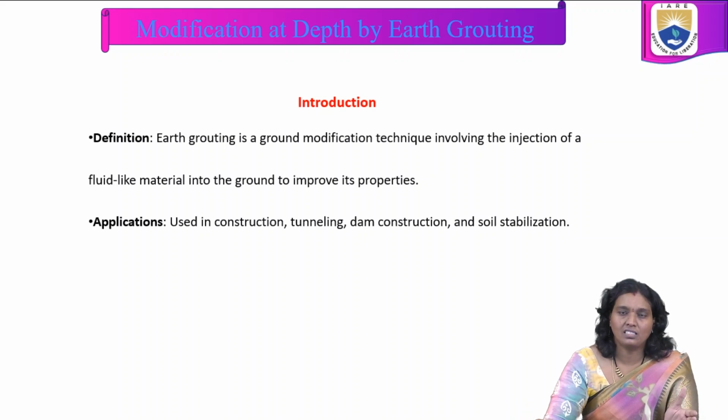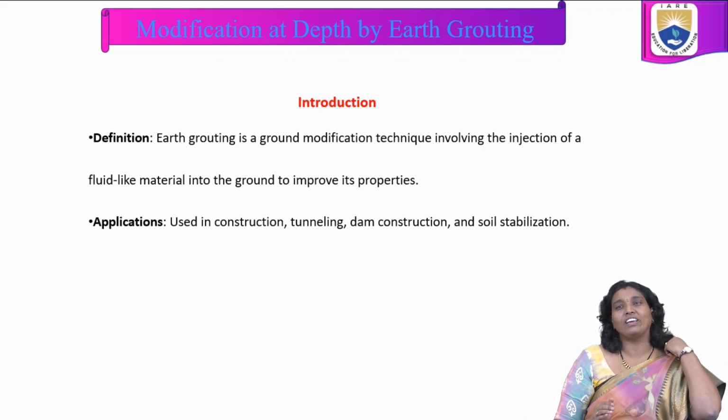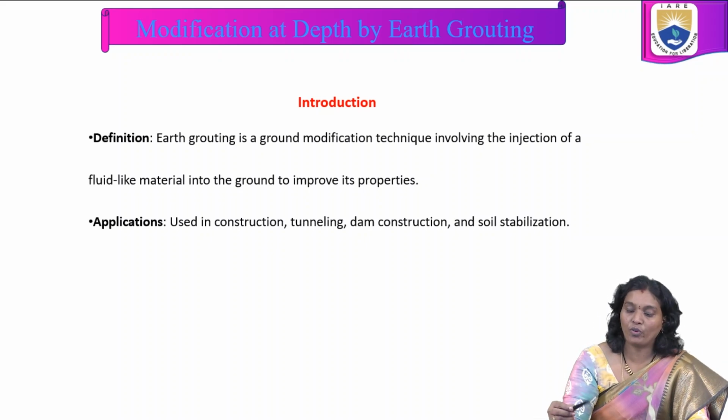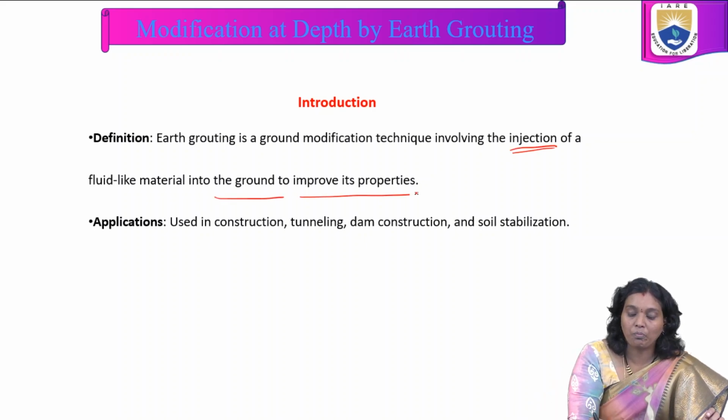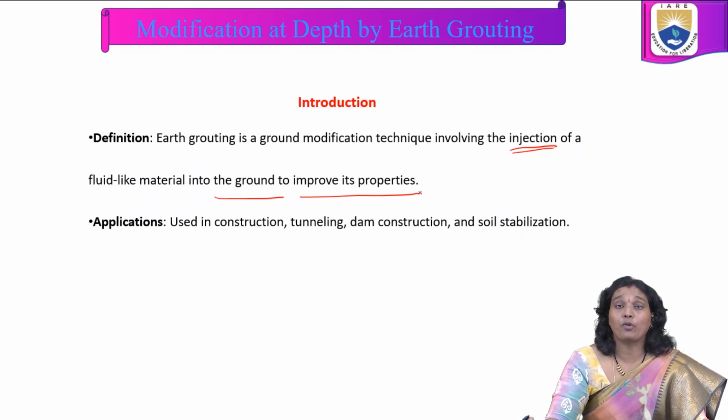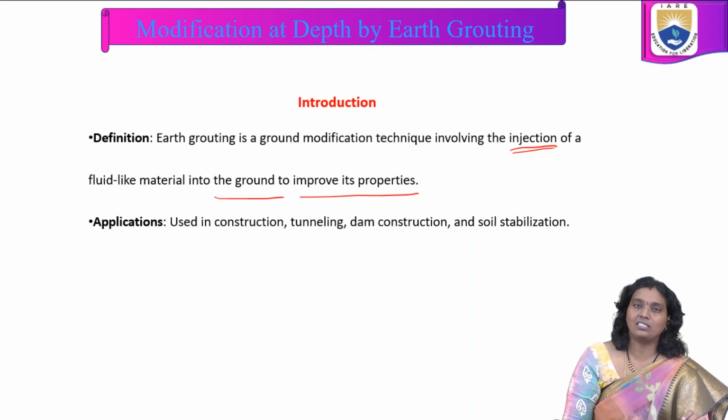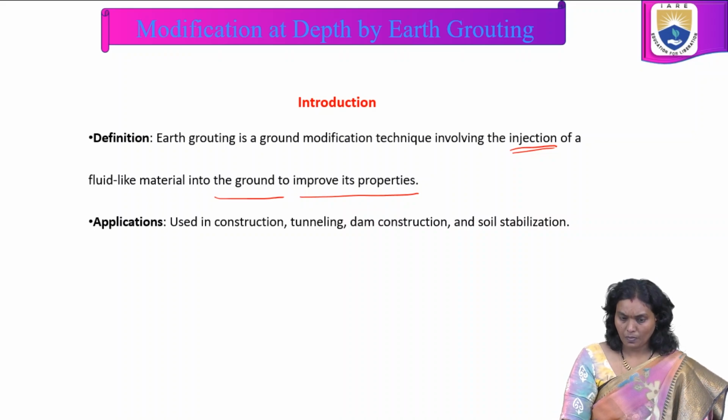So coming to earth grouting. This is also one of the ground modification techniques, which involves the injection of a fluid-like material into the ground to improve the soil properties, to improve the ground properties. It is used in construction, tunneling, dam construction and soil stabilization also.